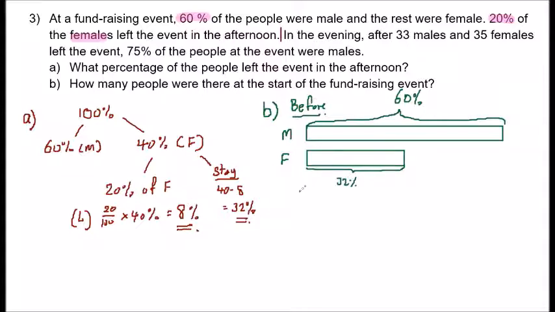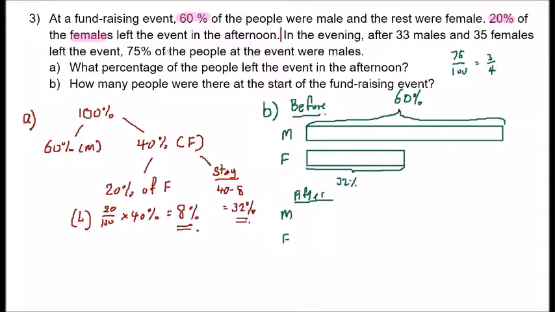So what's going to happen is that after, we have the male and we have the female. For the male, it's going to be 75%. Guys, can you see that 75% out of 100 is actually 3 over 4?